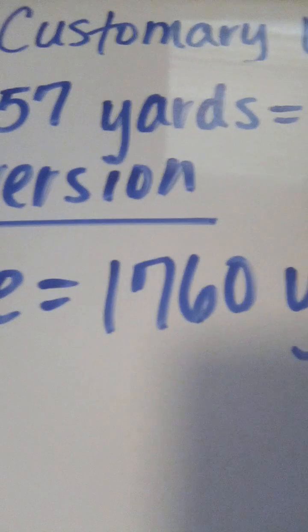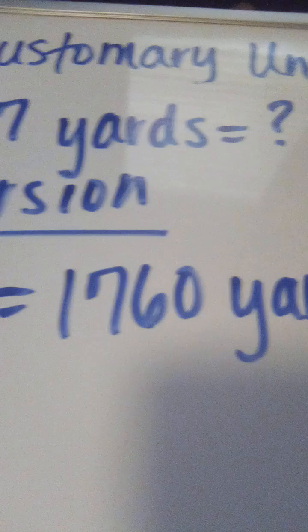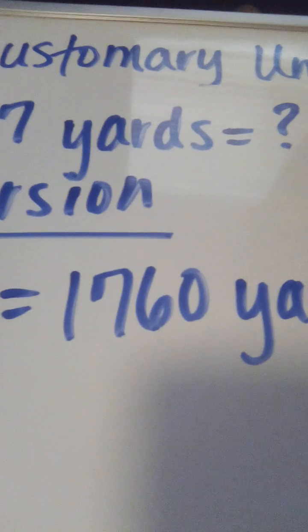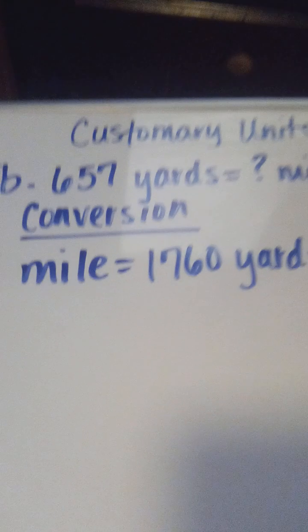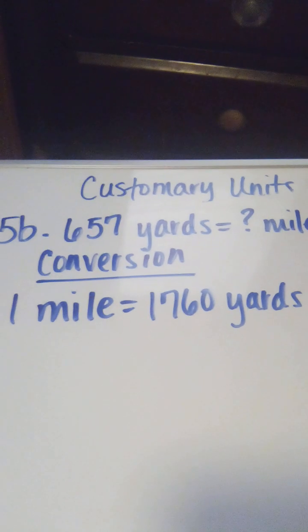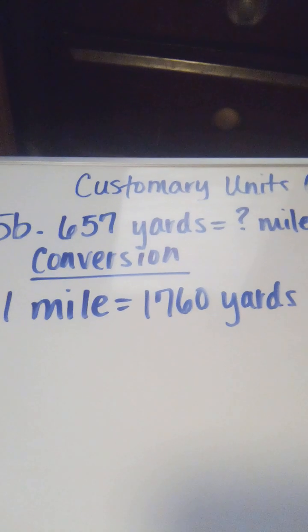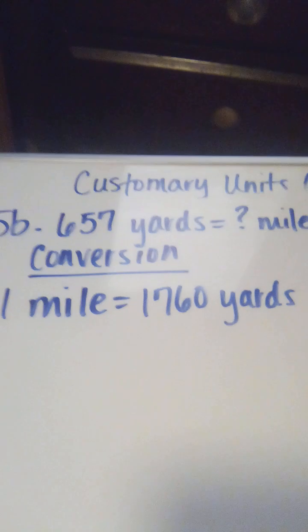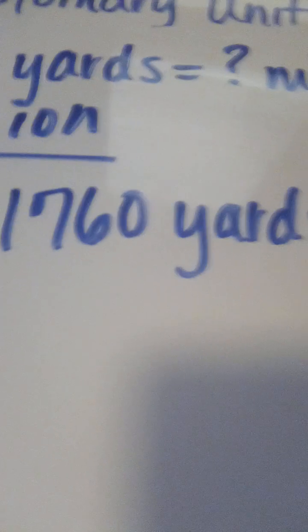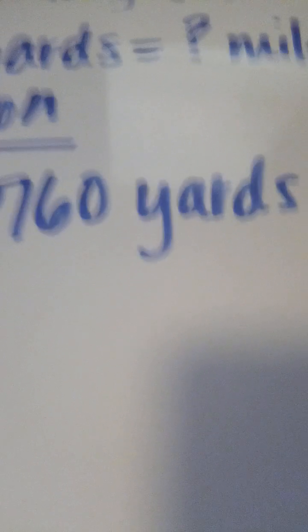And then from the conversion part, does 1760 go on the numerator or the denominator? If you say it's in the denominator, you're correct. Because once you do the actual conversion, it makes sense. All right?